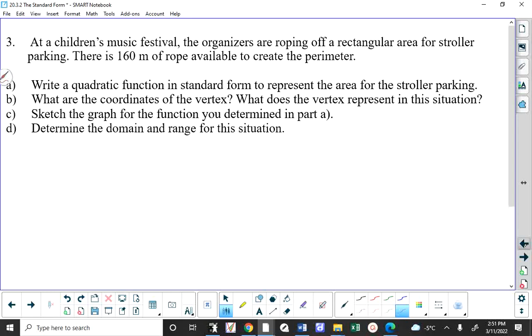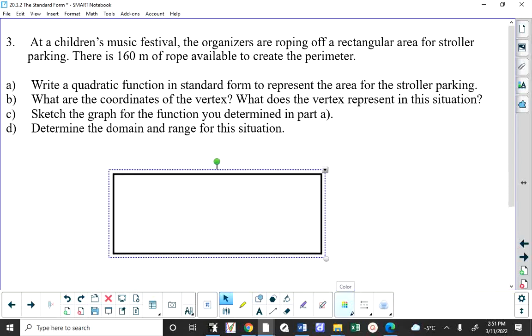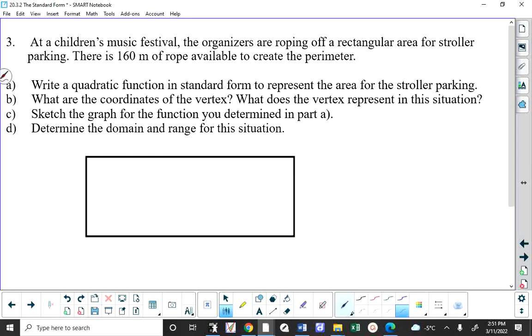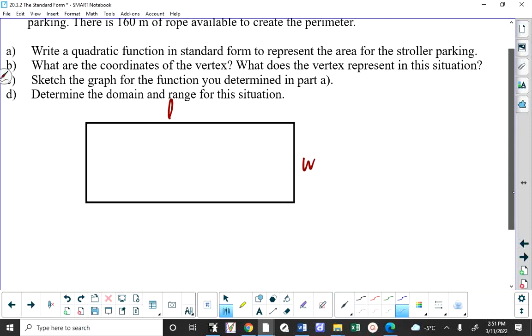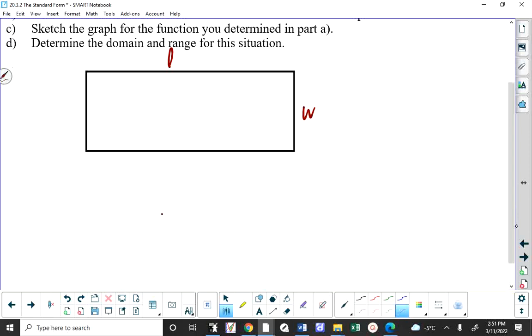So what we're going to do, and there are a number of ways that you can do this, I am going to choose to call this L and this W. And that means that our formula for area is length times width.